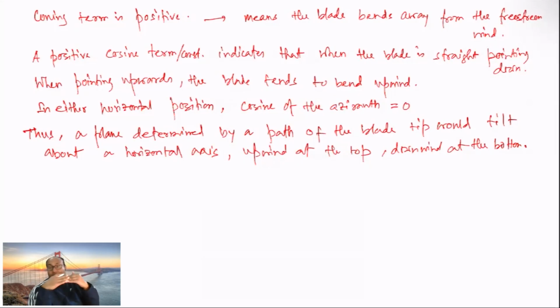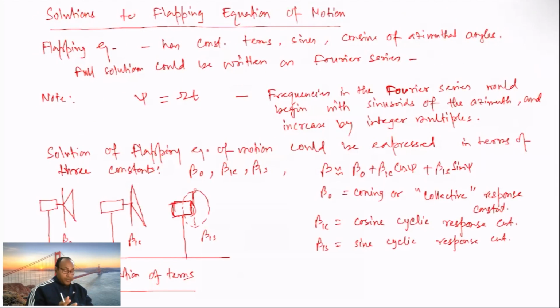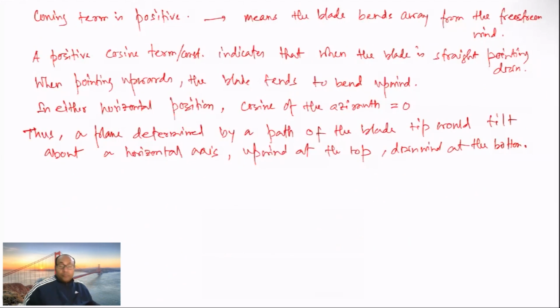And in the horizontal position, the cosine term contributes 0. So the plane determined by the path of the blade tip would tilt about a horizontal axis, upwind at the top and downwind at the bottom, which is shown here. Basically, this is a tilting nature that would come. Similarly, we can also have the solution for the sine term, which we'll discuss in the next session.